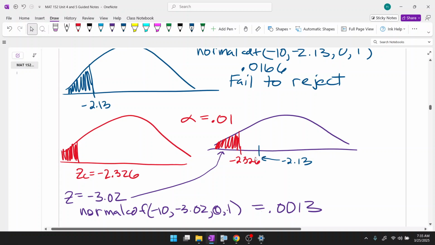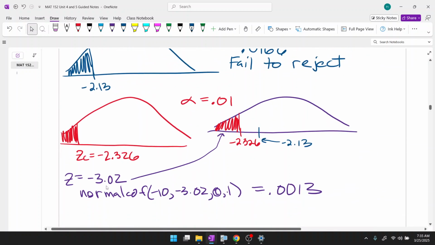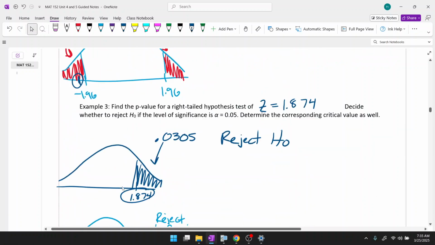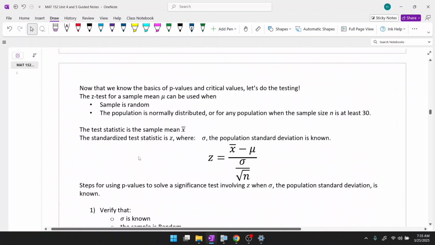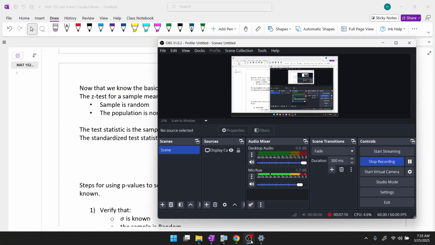Now, what we did in the previous class was choose an arbitrary z value that was definitely going to be in the rejection region, and we saw that, yeah, that's rejection territory. So that's what we do with that. Now, we're going to go ahead and carry out the hypothesis test itself.